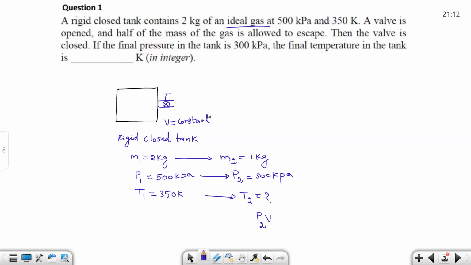So T2 equals P2 V by M2 R. R is the same for both because it is an ideal gas. P2 is known.